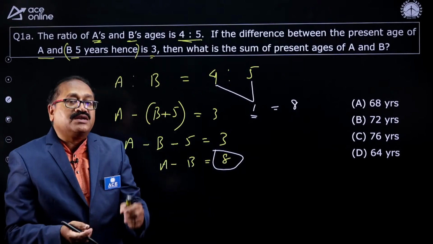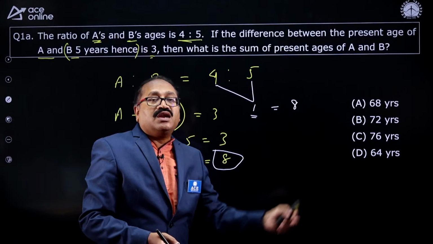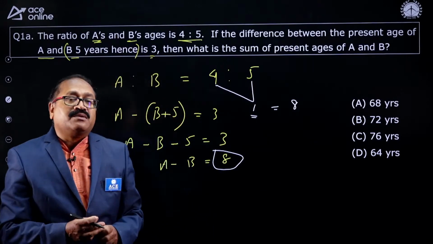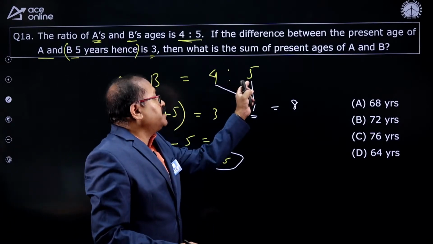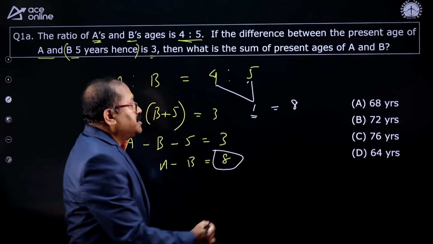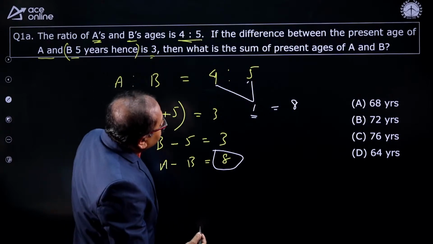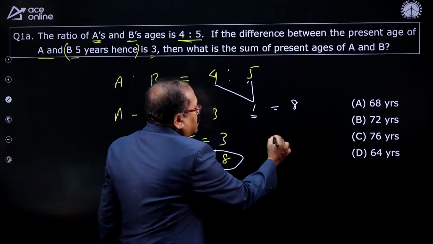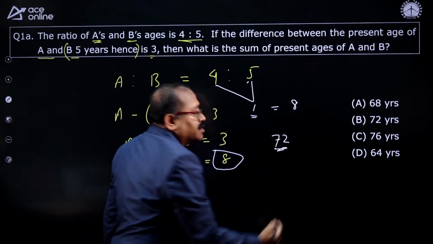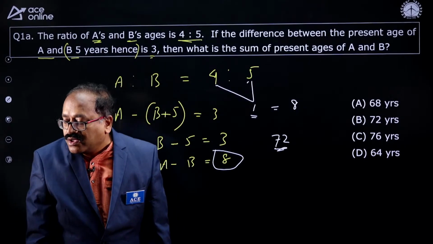What will be 5 parts? That is 8 times 5, 40. What will be the sum? The sum is 9 parts. 9 times 8, 72. What is the present age? 72 should be my answer.